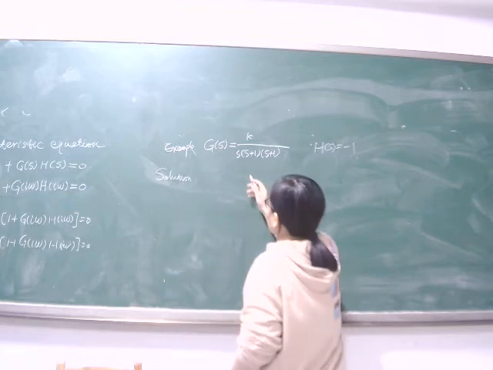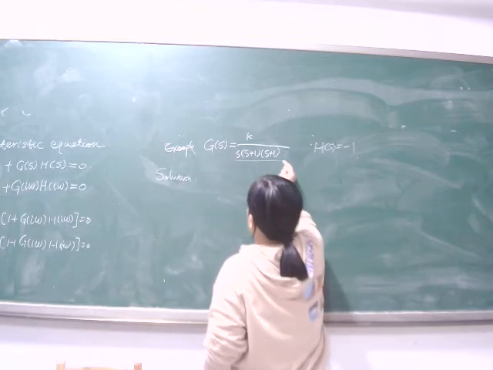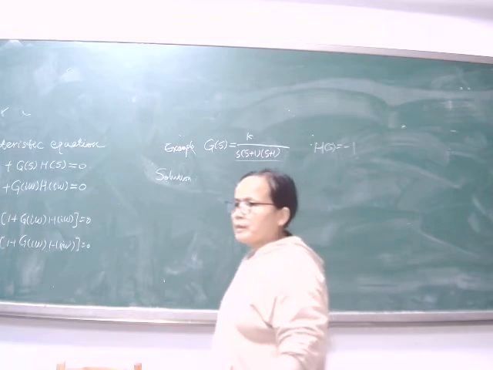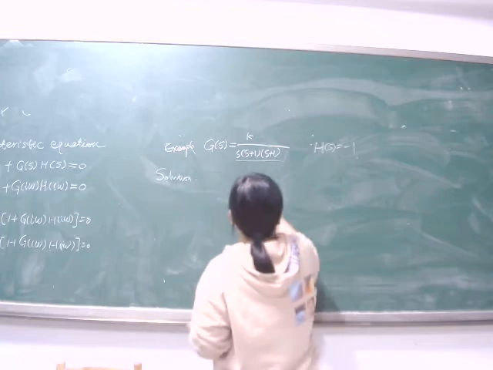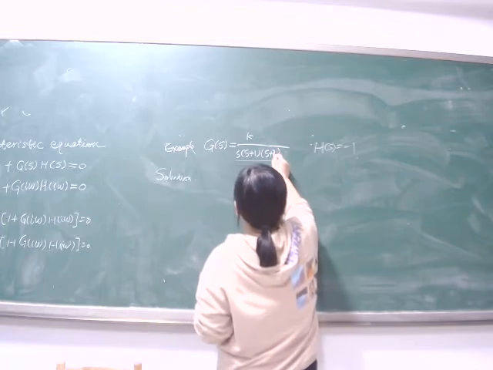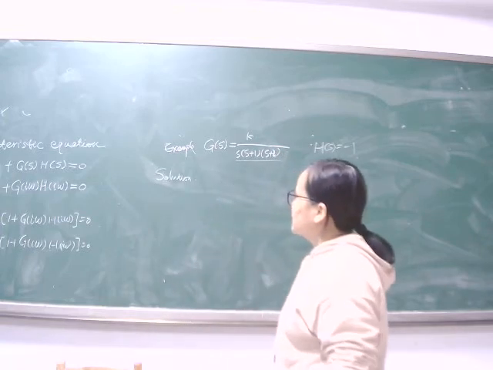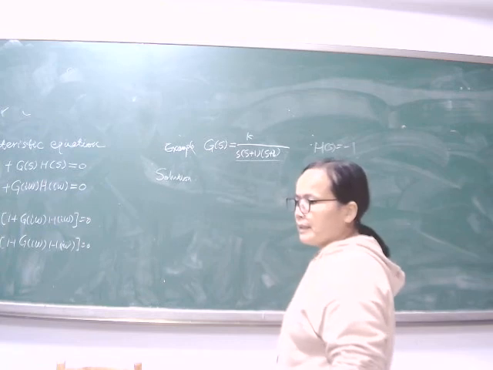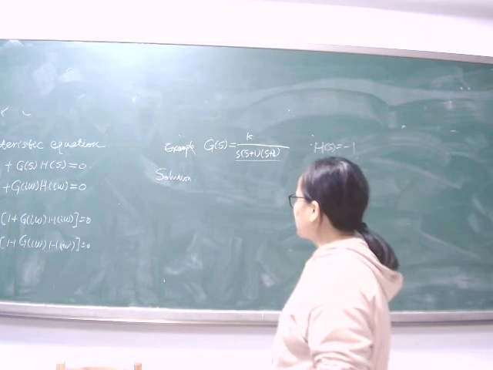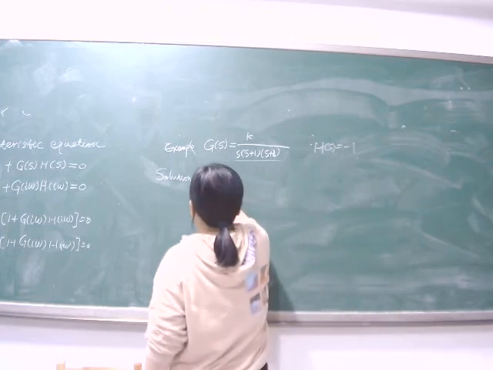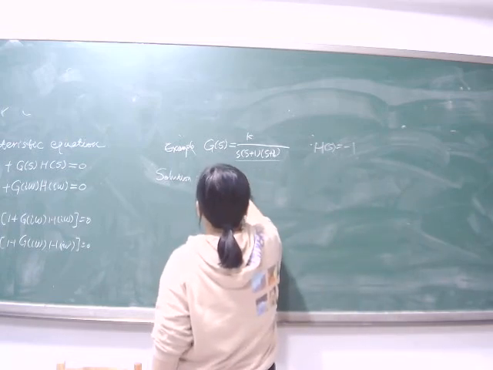We can see s times (s plus 1)(s plus 2), that is s squared plus s, times (s plus 2). So, how many branches? s cubed. The branches of this root locus, n equal to 3.